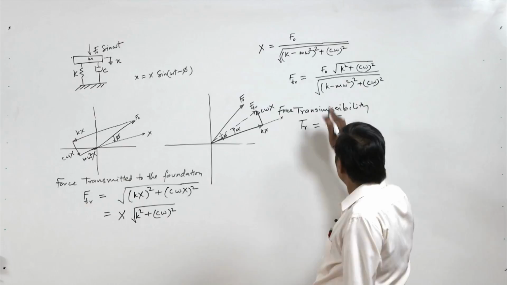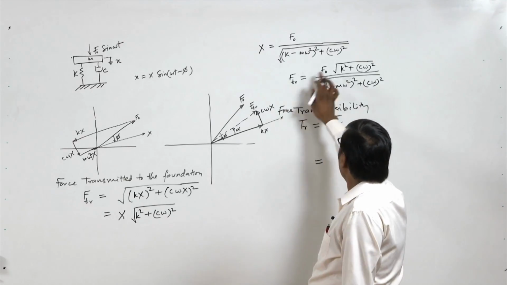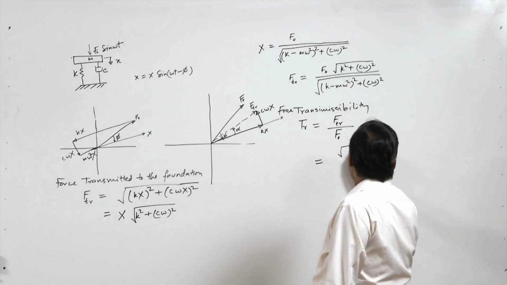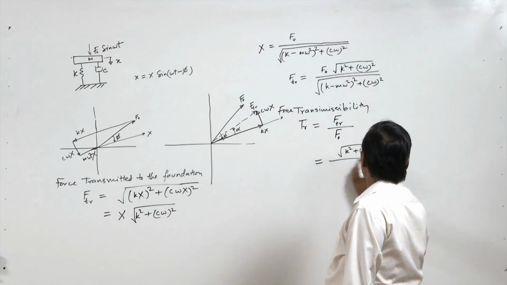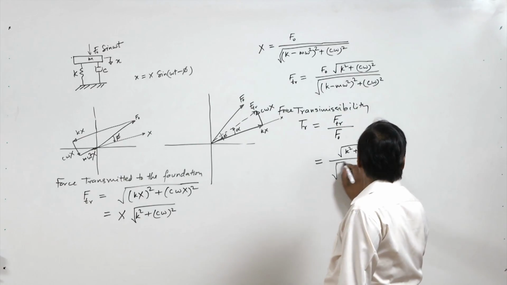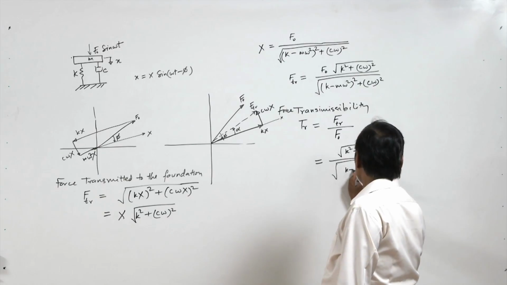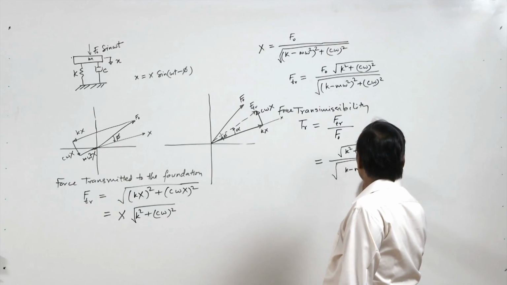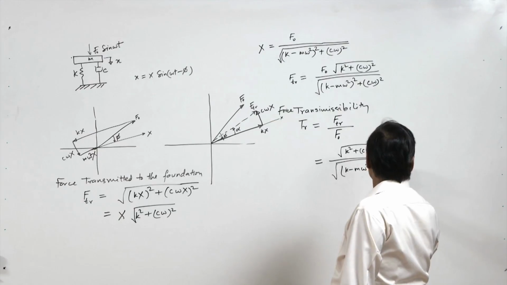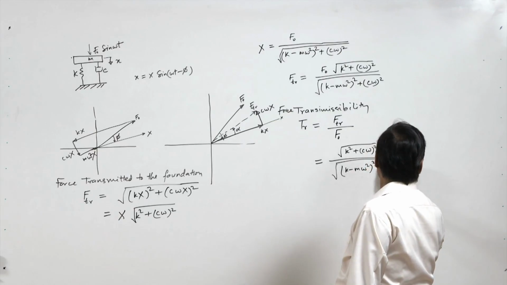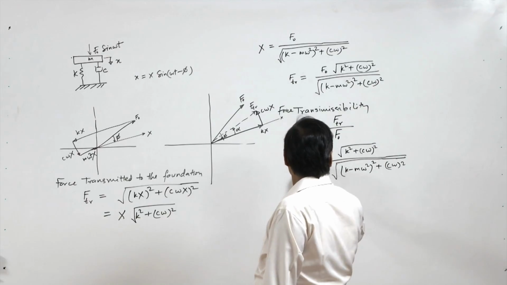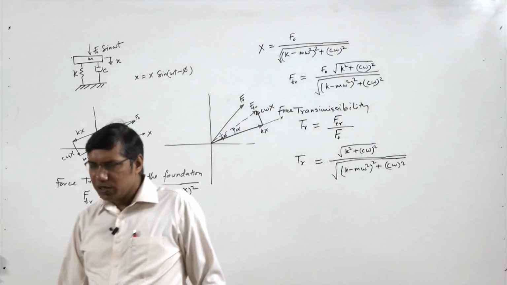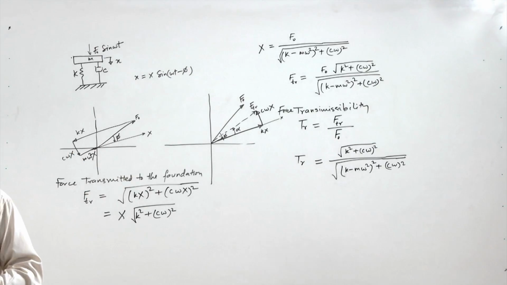So from this equation we can find FTR by F0 is equal to under root k square plus (c omega) whole square upon under root (k minus m omega square) whole square plus (c omega) whole square. Okay, so this is the initial formula for the force transmissibility.